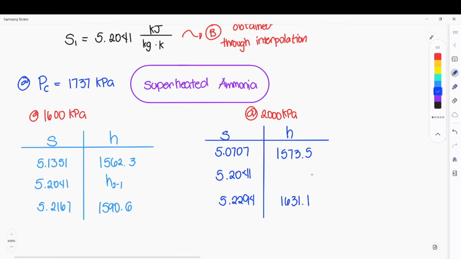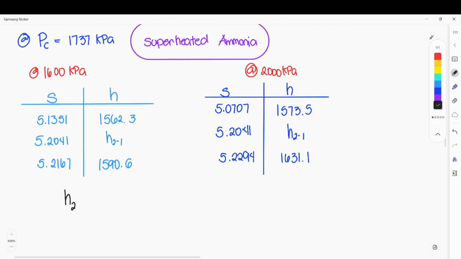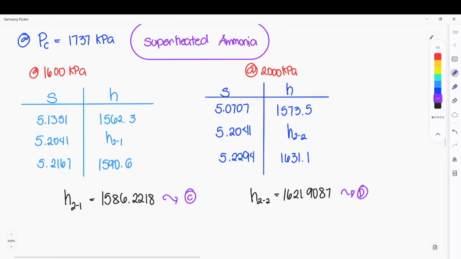Recheck, always recheck. Okay? So, we have here our H21. So, using your interpolation, mode 3.2, you will arrive with 1586.2218, and for our H22, sa 2000 kilopascal, you'll get a value of 1621.9087. So, store mo na yan sa C and store mo na yan sa D.